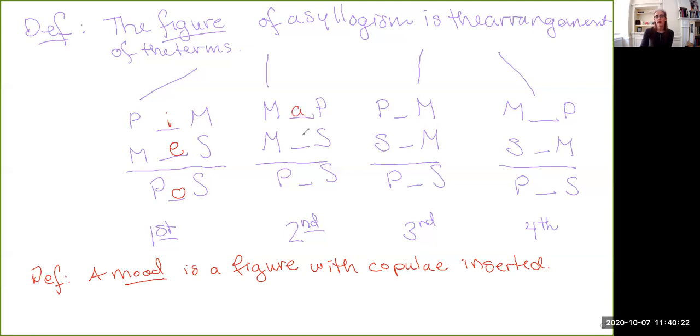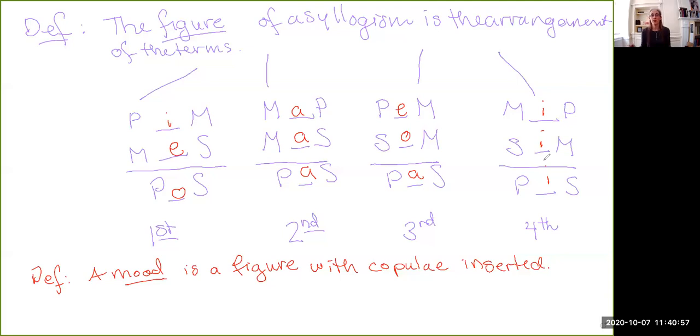So say A, E, O, A, I. So we've got things like P belongs to some M, M belongs to no S, therefore P does not belong to some S. Or M belongs to all P, M belongs to all S, therefore P belongs to all S. These are the sorts of arguments that we can represent, and each one of these is going to be a mood. Now, some of these are good arguments, some of them are not.